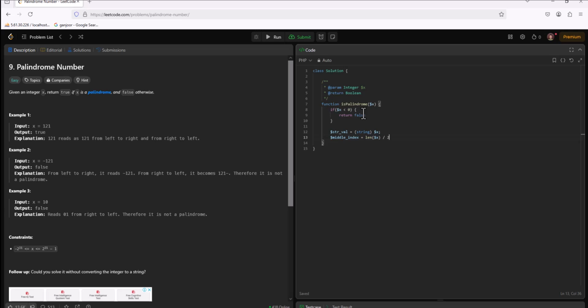correct. I think we need to subtract 1, because if it is 4, then we have 2, so we need to have 2.